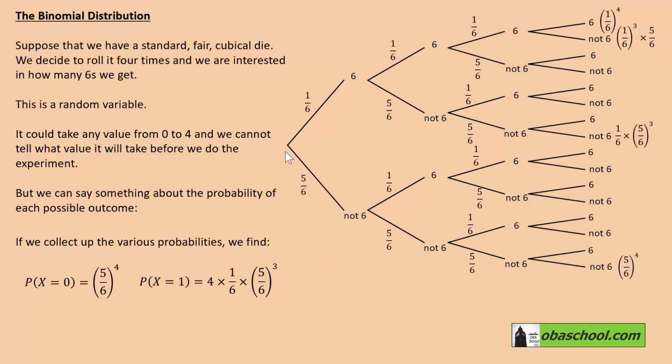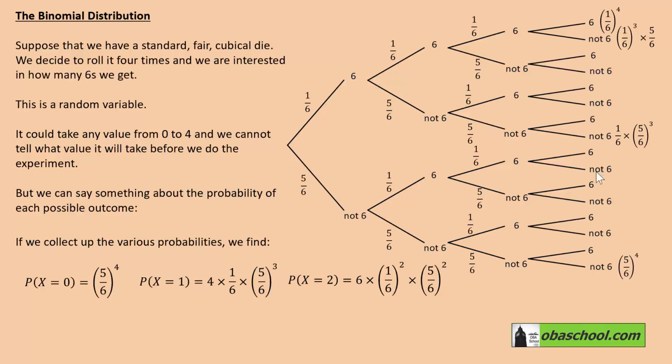Now we can see one of those ways is to go down here but then go along this branch and get a 6. Over the whole diagram, 4 of these possible outcomes is where we get 1/6 and 3 non-6s.